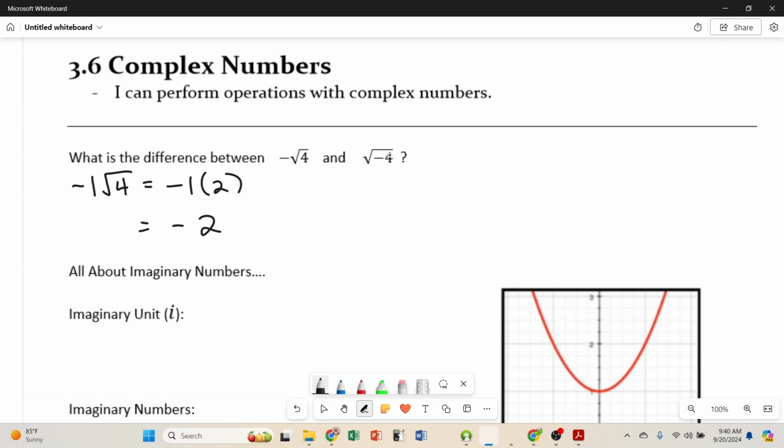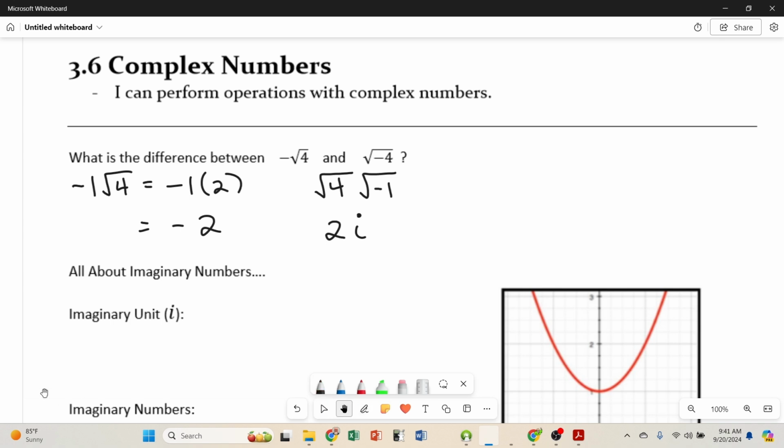Now this is different than the square root of -4, because you can't take a square root of a negative number. If you plug that into a calculator, you're going to get an error code. So we have to get that -1 out of there. So this would be equal to the square root of 4 times the square root of -1. And as we just talked about, the square root of -1 is equal to I. So we would have 2I.